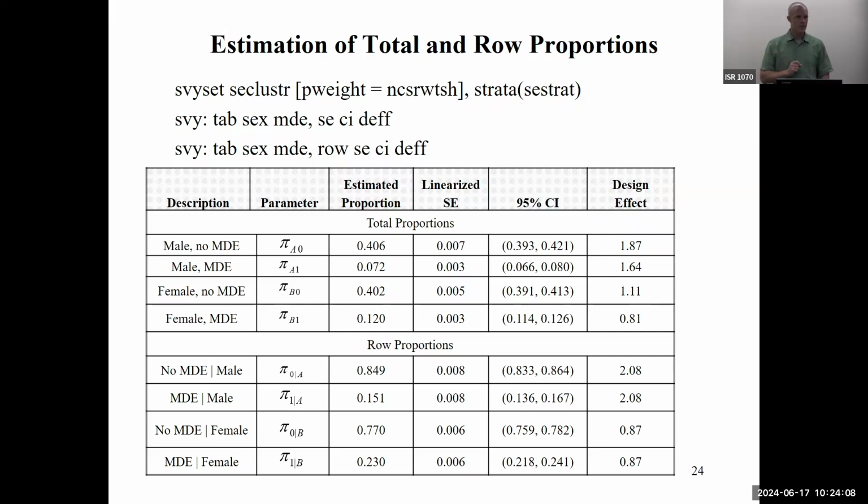Look what we see in the column of the design effects. Who can interpret that 4th design effect for me? What is that telling us? The 4th design effect of 0.81, what is that telling us? Is it better?